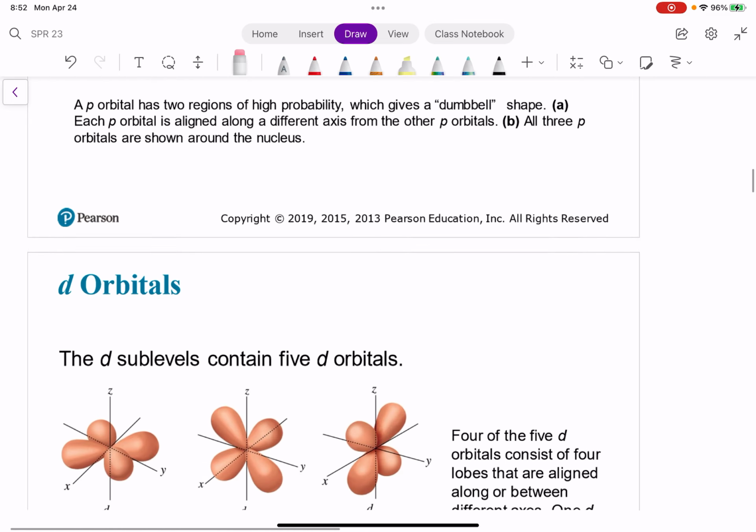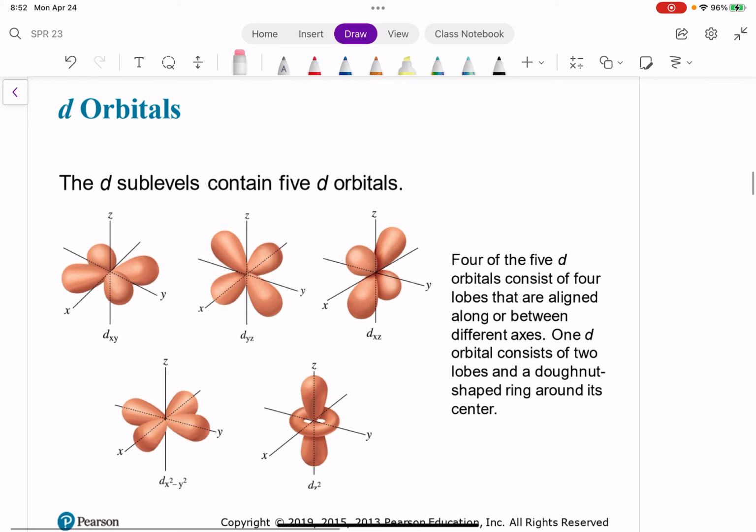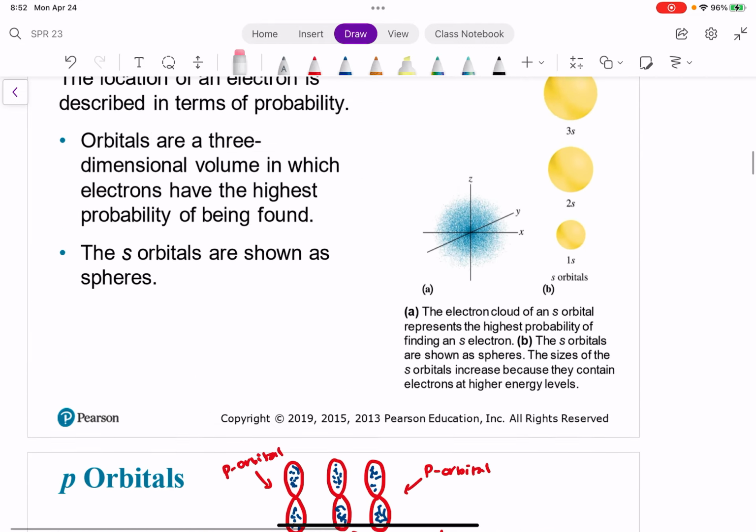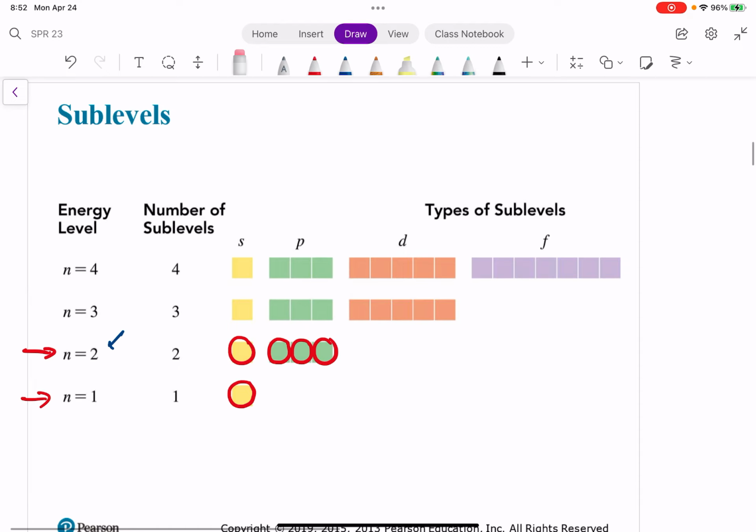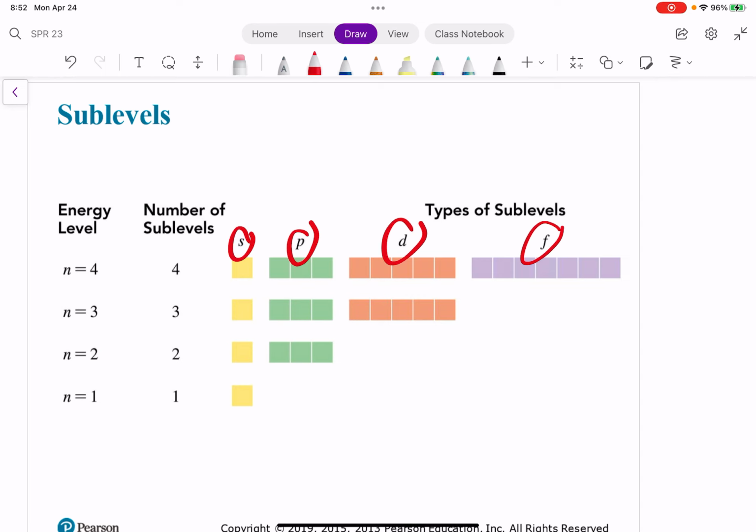Okay? All right, then you get a little bit crazier, and you get your D sublevel, and they contain 5 d orbitals. So remember, what's the sublevel? The sublevel is your S, your P's, your D, and your F. What are the orbitals? Those are those boxes, okay?